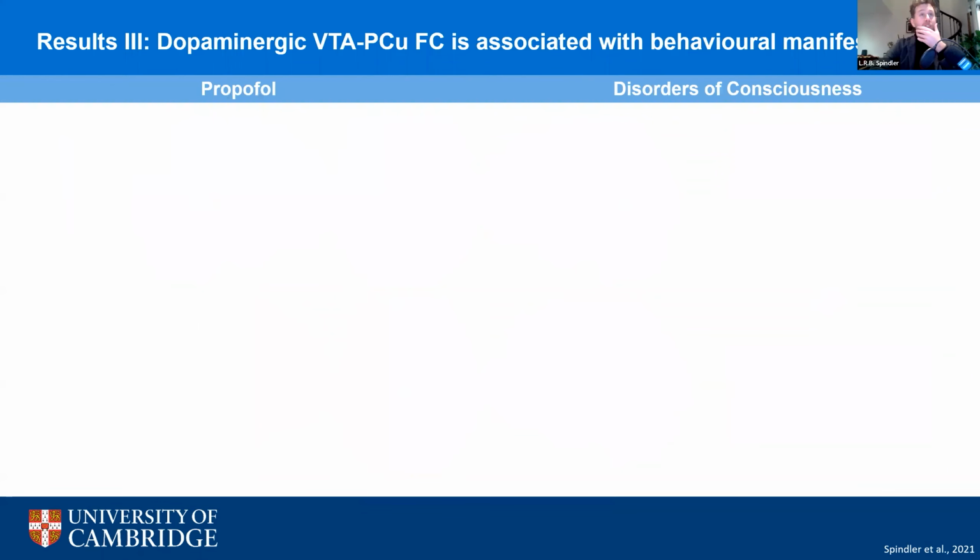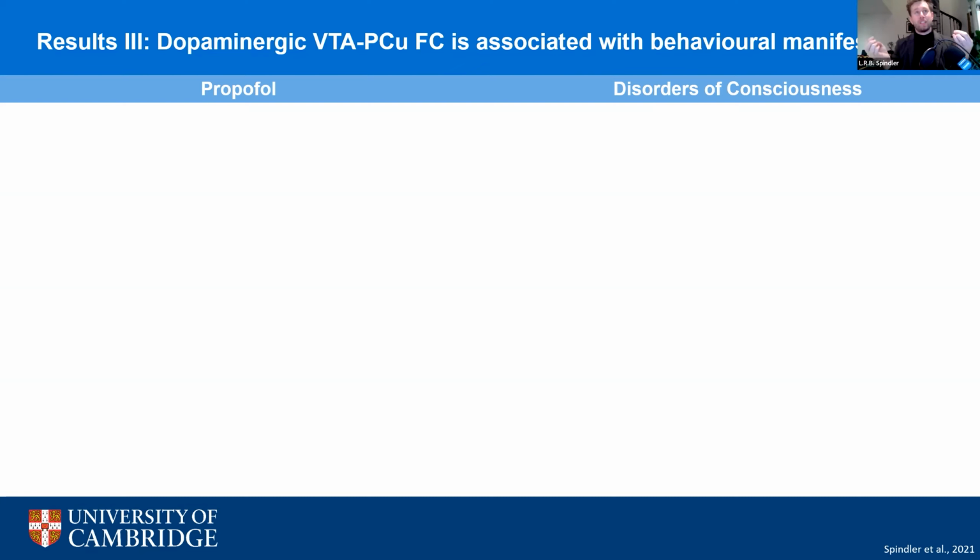We then wanted to know whether there's a behavioral manifestation that this is associated with. The propofol participants, the people that were being sedated, had been performing various tasks in the scanner at the various sedation levels. They were presented with verbal stimuli that, after they had recovered from sedation, they were asked to sort into familiar and unfamiliar stimuli.